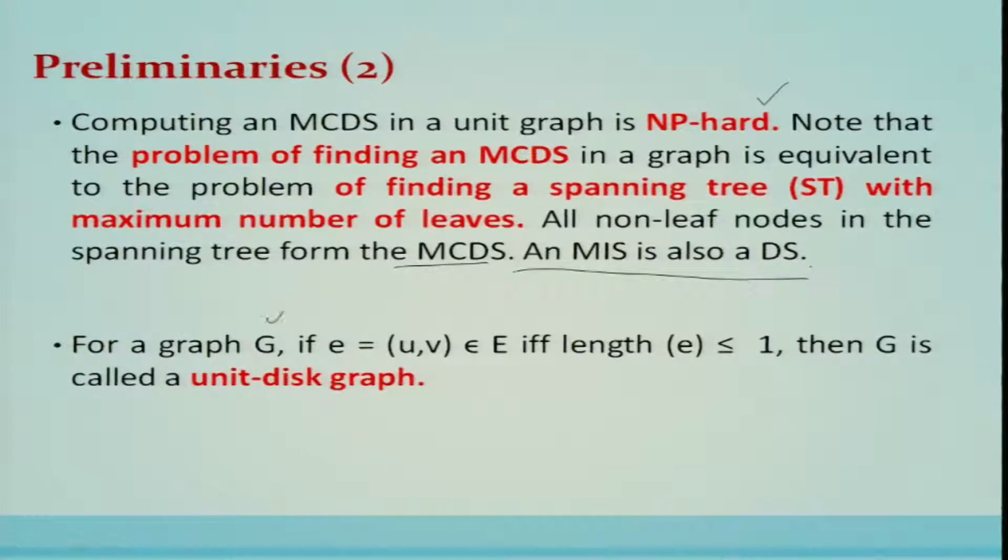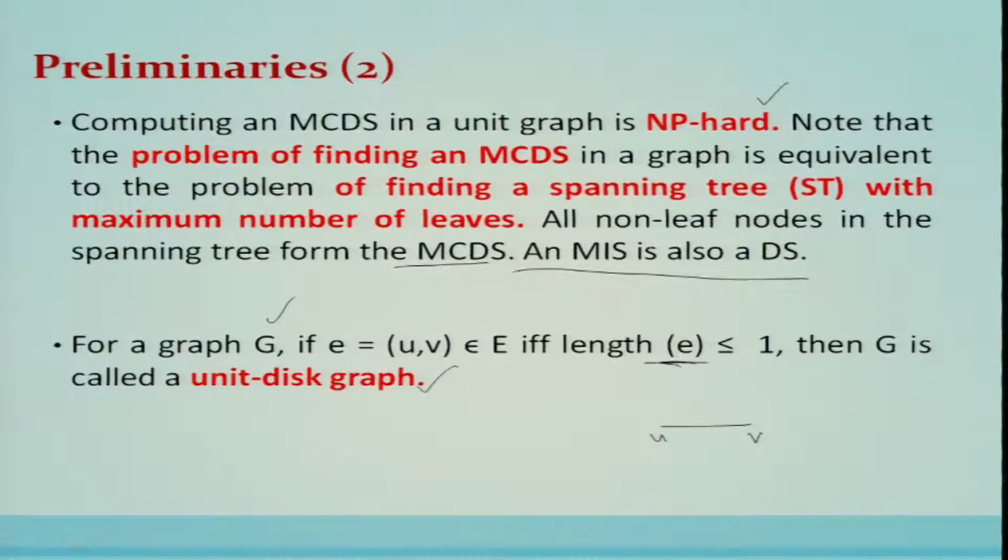Now for a graph G, if all edges have length less than 1, then this particular graph is called a unit disk graph. Take this example.